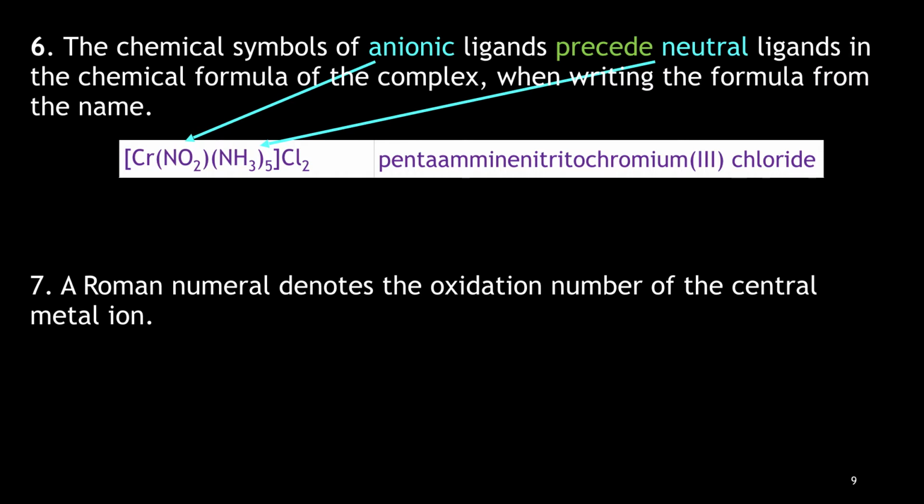The charge on the metal is written after the name of the metal in Roman numerals. Once the name of the complex is known, the name of the whole species is named according to ionic nomenclature rules. The example molecule is named pentaamine nitrito chromium(III) chloride.